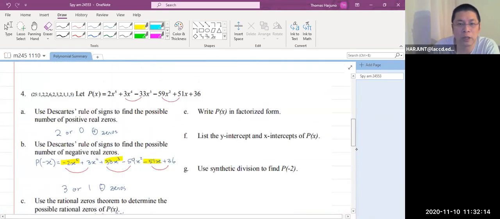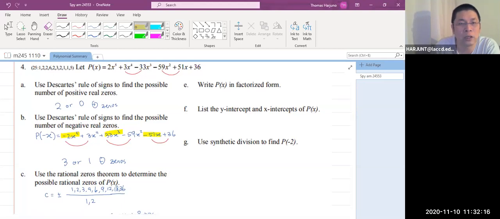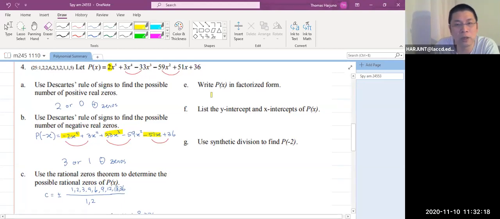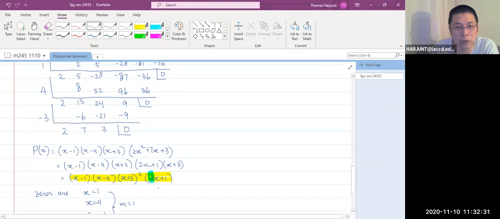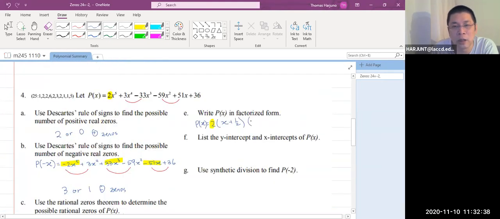In fact, when it is in factor form, the leading coefficient you have here will be the leading coefficient you have there. Okay, so px equals to 2 times x plus 1/2, right? Imagine if I factor the 2 out from here. Okay, and then x minus 1, x minus 4, x plus 3 squared.